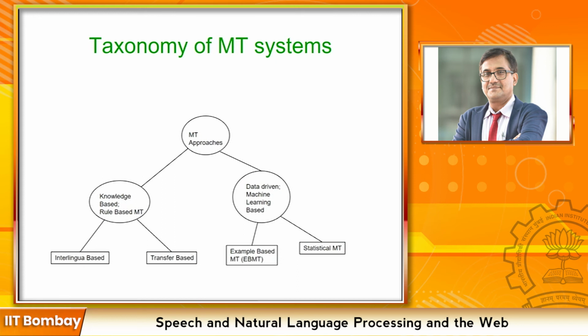Transfer-based machine translation showed the importance of language distance. If the two languages are close to each other, the level at which translation should be done. Interlingua-based machine translation showed how complete disambiguation can take the language into a universal form from which, independent of any language, you can begin to generate the target language.